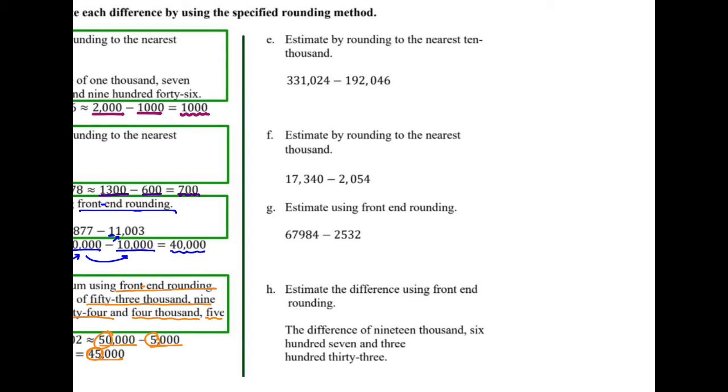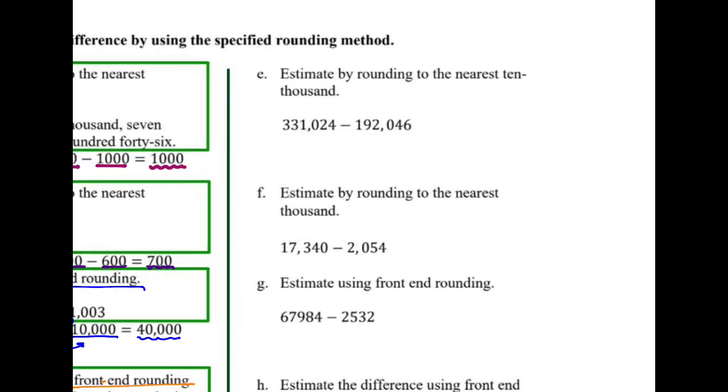Okay, here are your 4. So again, I'm going to zoom in. Okay, estimate by rounding to the nearest 10,000. Okay, 10,000 is the 3 and the 9, right? So we're going to round using those numbers right there.